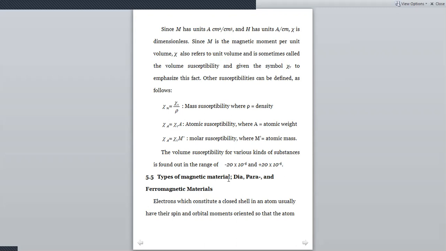Next are the ferromagnetic materials, for example iron. Ferromagnetic materials have a particular special value of magnetic moment, and in them there exist domains. These domains are the major source of ferromagnetism.